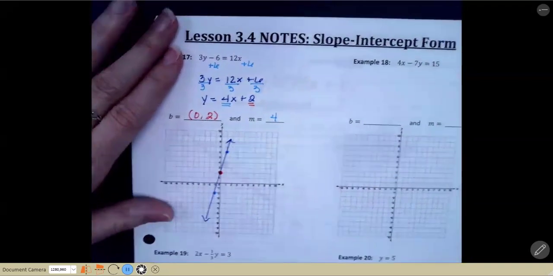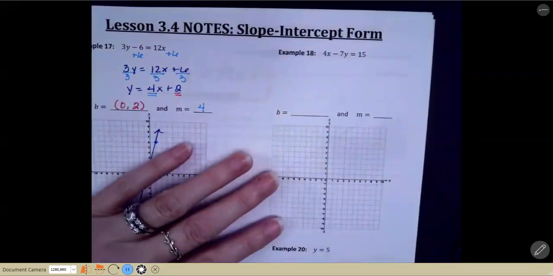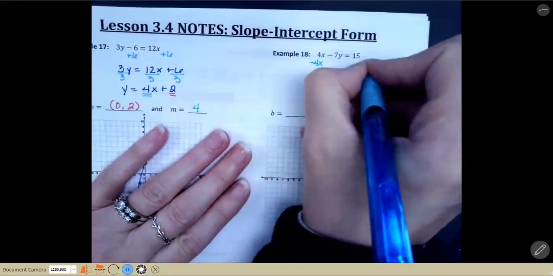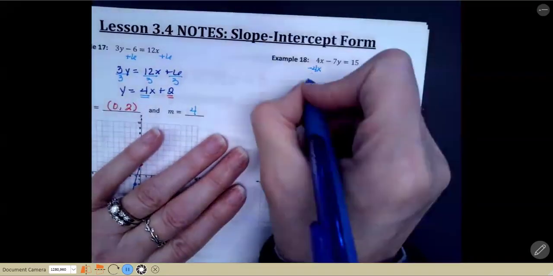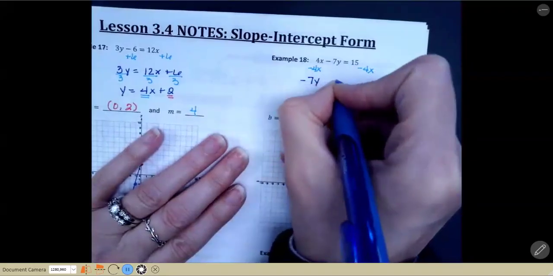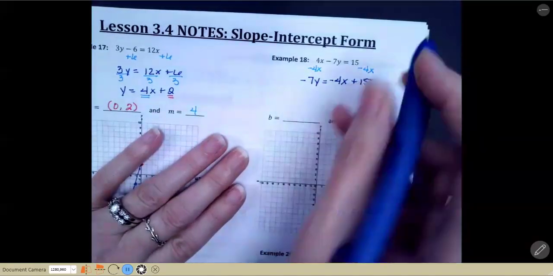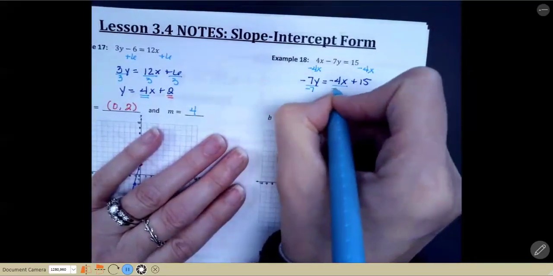All right, let's look at 18. This is the one that's going to have a fraction. So let's isolate the negative 7y. We're going to subtract 4x on both sides, and then divide everything by a negative 7.